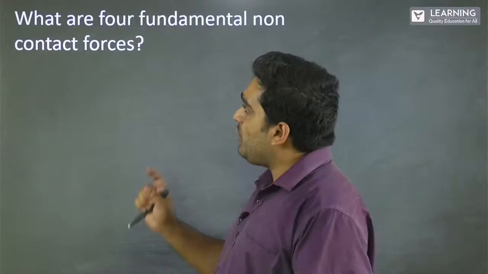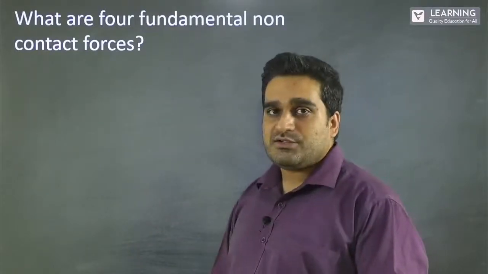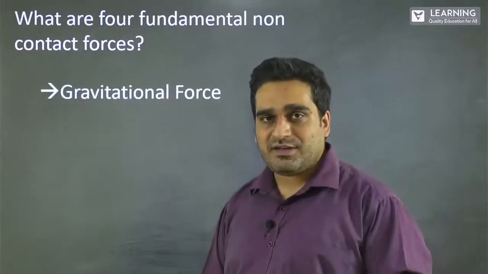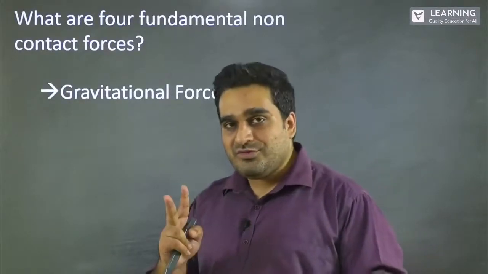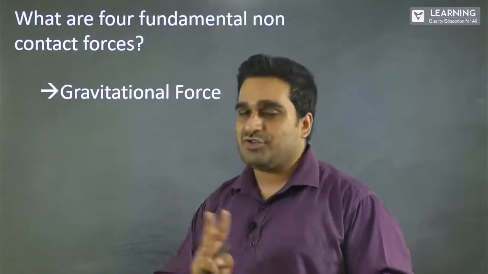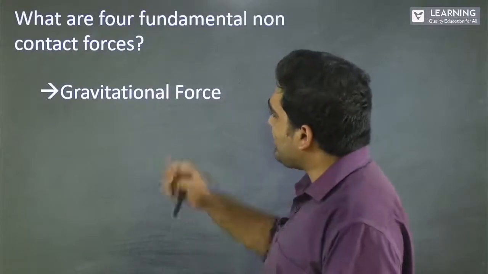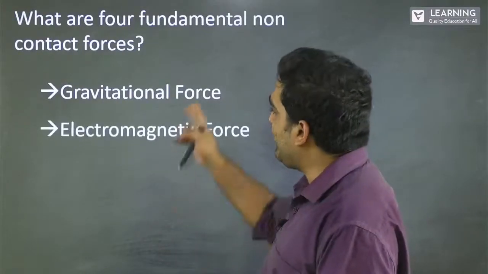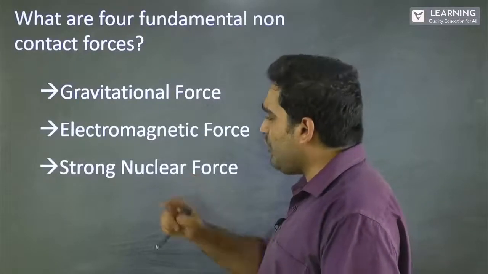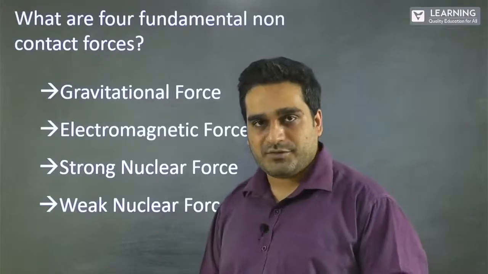So let us start with the four fundamental non-contact forces. A quick recap: one is gravitational force, two is electromagnetic force, three is strong force, and four is weak force. So we have gravitational force, electromagnetic force, strong nuclear force, and weak nuclear force.